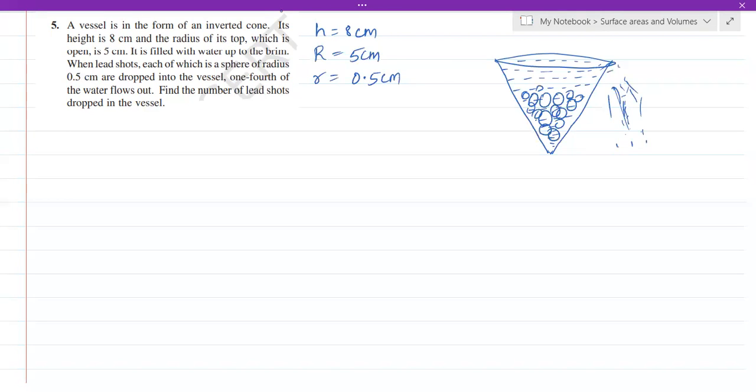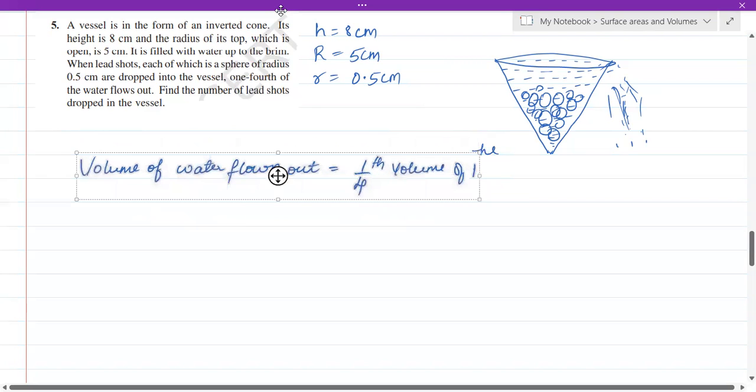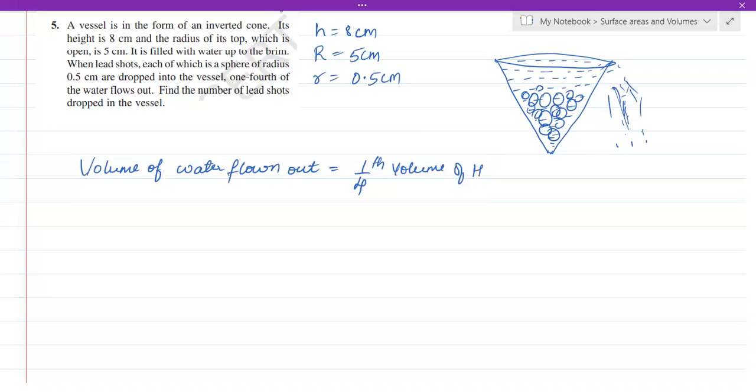Now, according to the question, the volume of water flown out is given as one fourth of the volume of the water in the bucket, or let's say in the vessel.